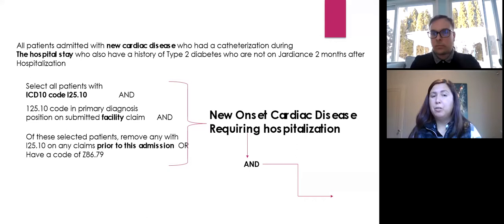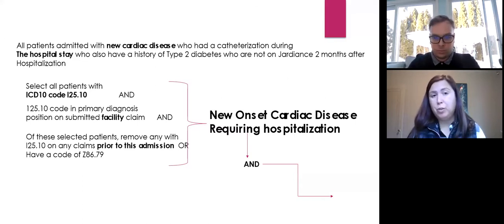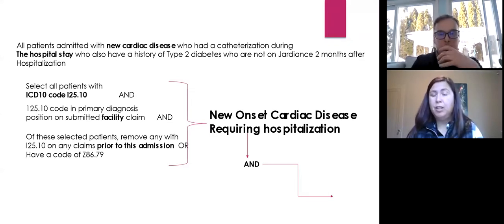So we're going to say with the criteria of the algorithm, that patient also has to have a hospital claim where the cardiac disease code was the main problem for the hospitalization. So it's not just all patients who have cardiac disease. It's only patients with that hospital claim that have that diagnosis code on there that are now going to be included into the algorithm.